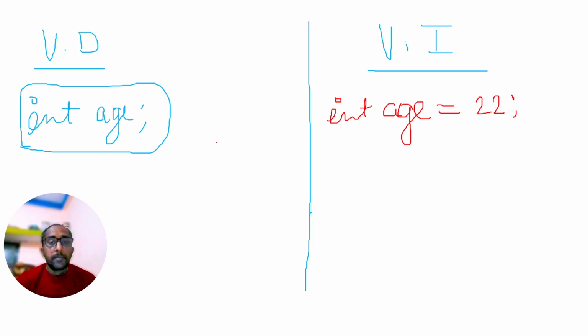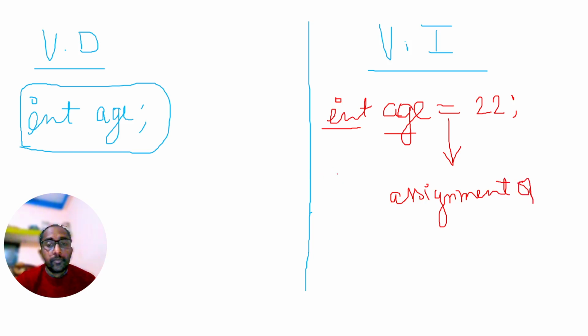This is the variable initialization. Data type, name of the variable, and this is called the assignment operator. This equal sign is called the assignment operator, and this is the value of the variable.